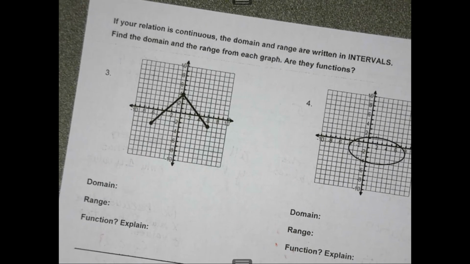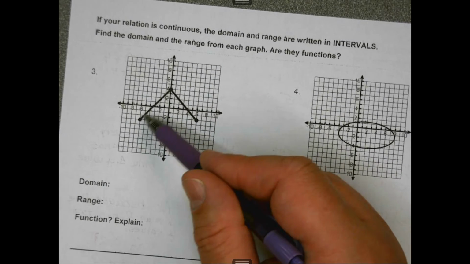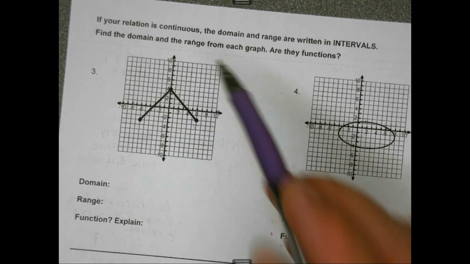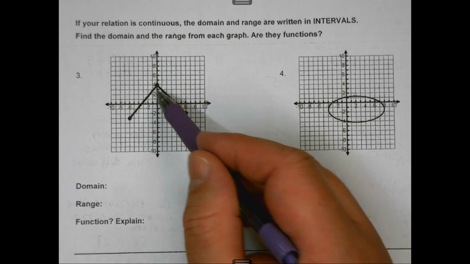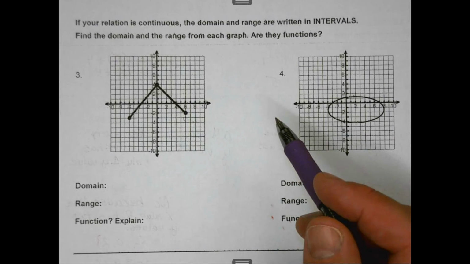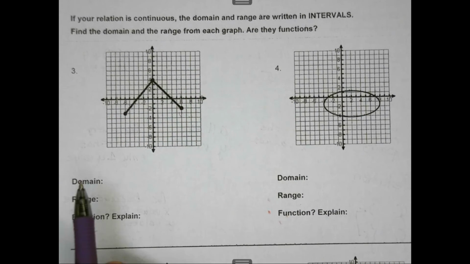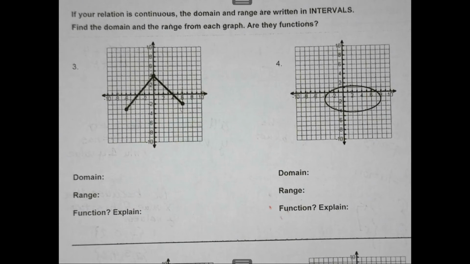Okay. Now let's look at some continuous functions, where we put lines in between our points. This is called a continuous function. Now, what we have to do is come up with the domain and the range and tell if it is a function.